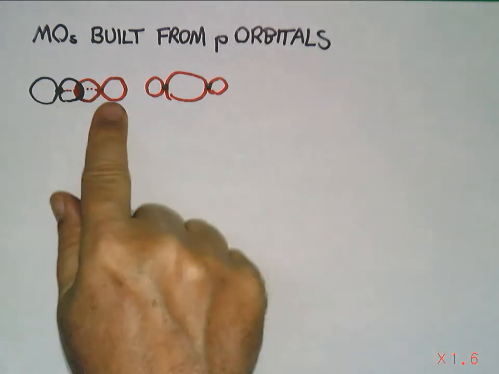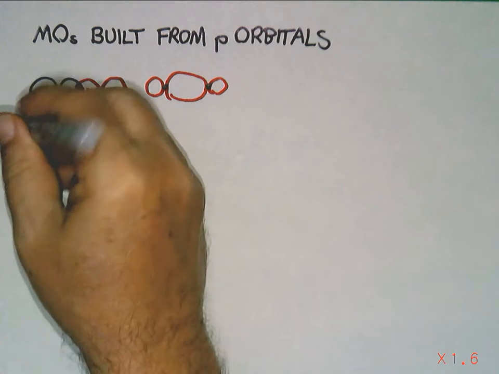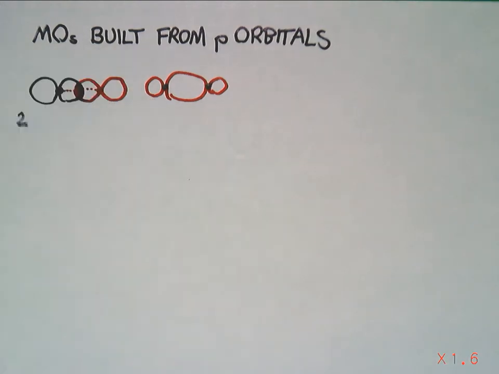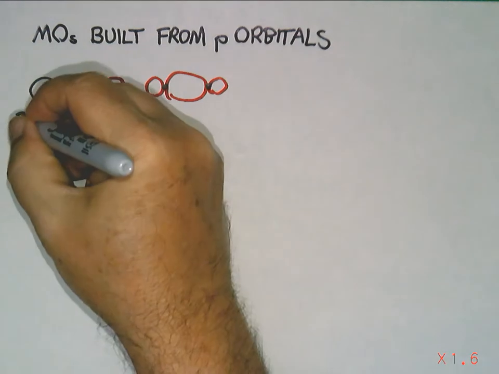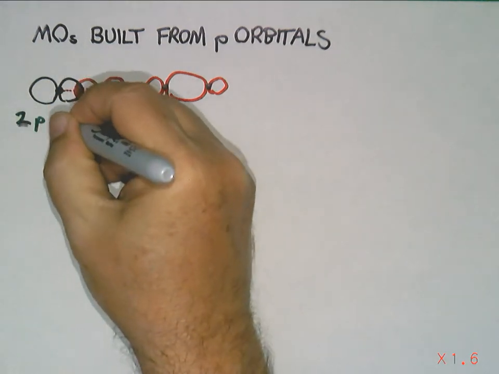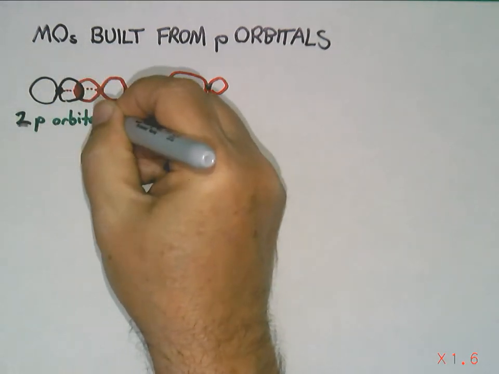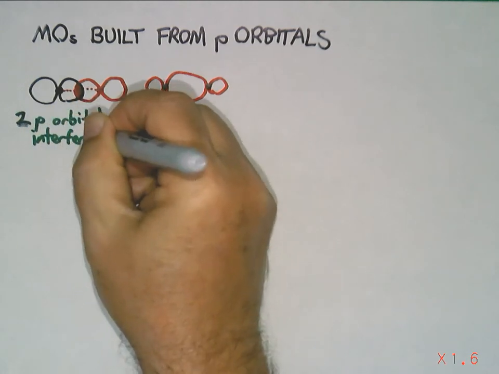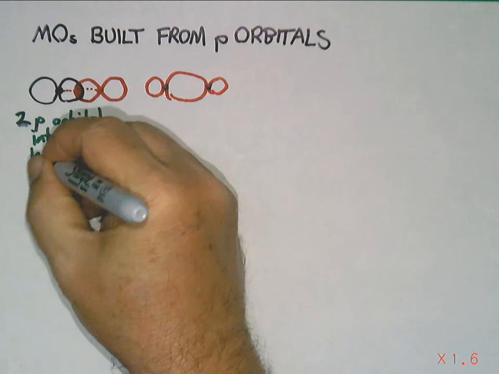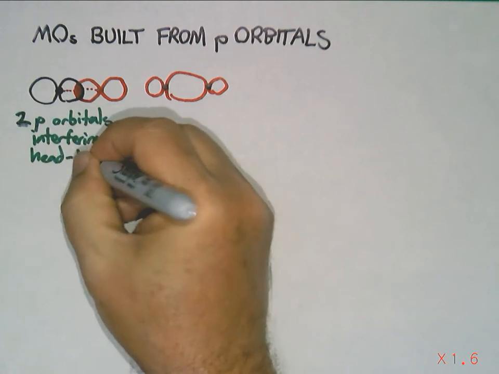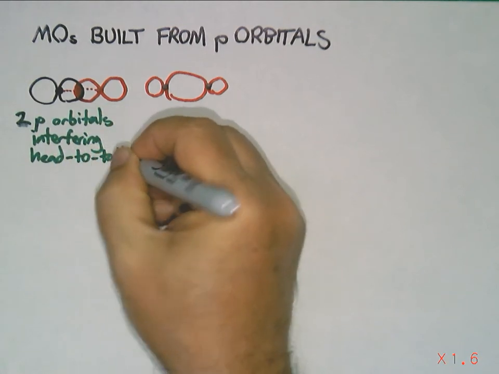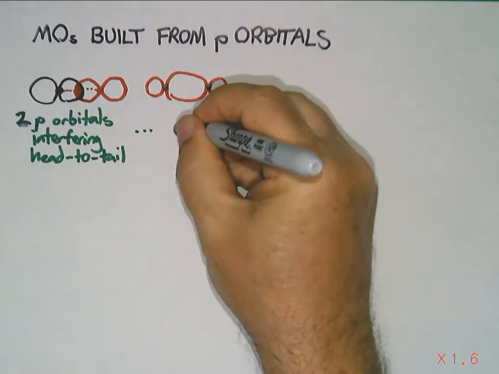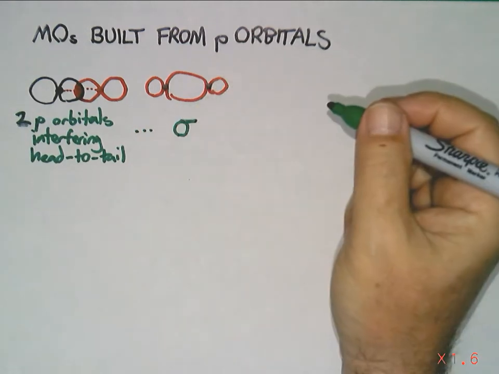So when you put a p here and a p here head to tail, you get this orbital. It's a sigma orbital, and it's made out of p orbitals.